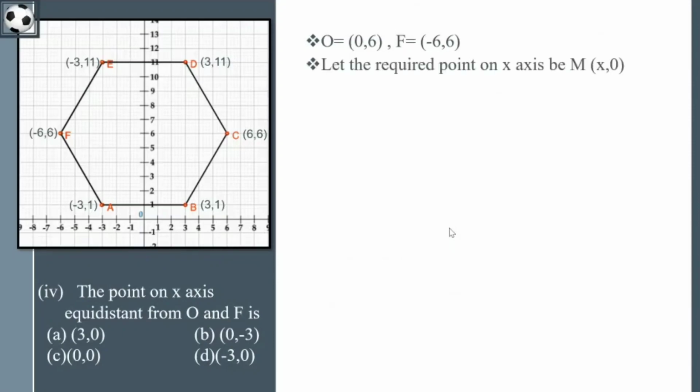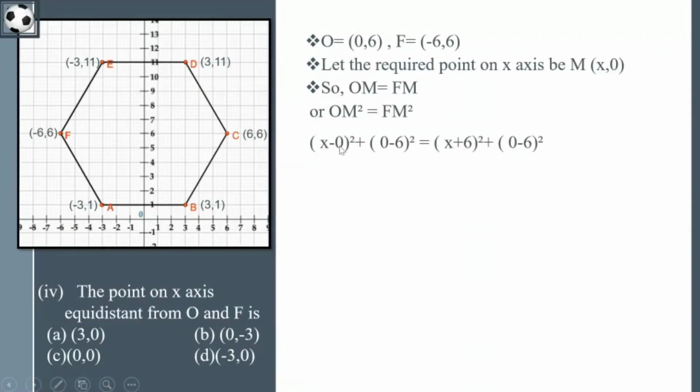So let that point be M, and M is given by (x, 0), a point on the x-axis. Because the distance of M is the same from O and F, OM will be equal to FM. If OM is equal to FM, naturally OM square will be equal to FM square. So I use the distance formula and I get (x minus 0) whole square plus (0 minus 6) whole square, the length of FM given by (x plus 6) whole square plus (0 minus 6) whole square.